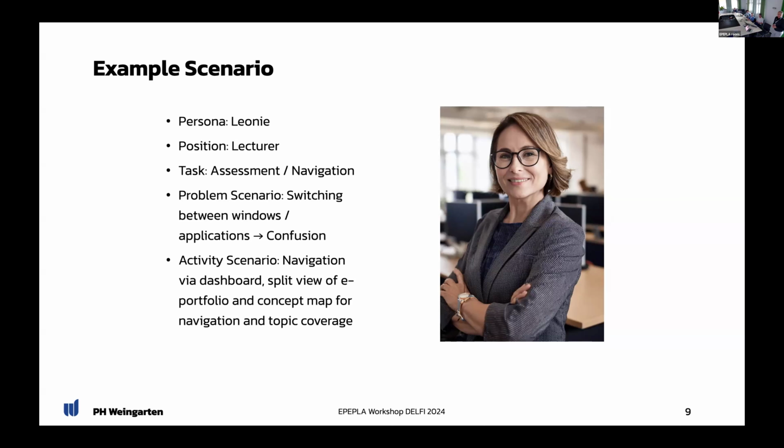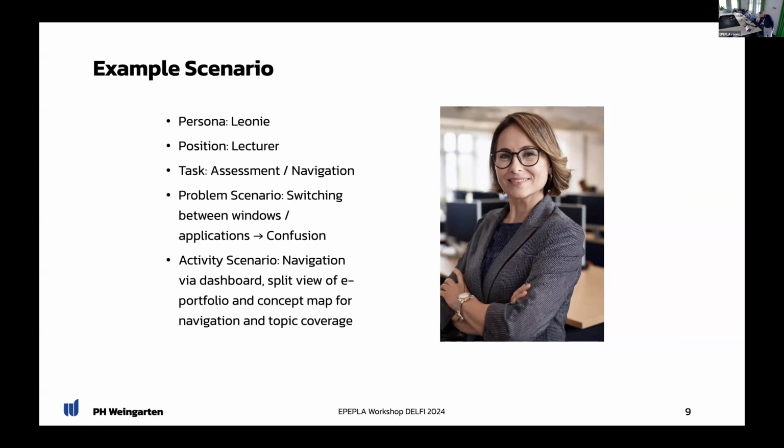And the solution could be the activity scenario, which is navigation via a dashboard, where we have a split view of an e-portfolio on the one hand, and the concept map with the topics of the cards on the other hand that are clickable and that you can navigate with.